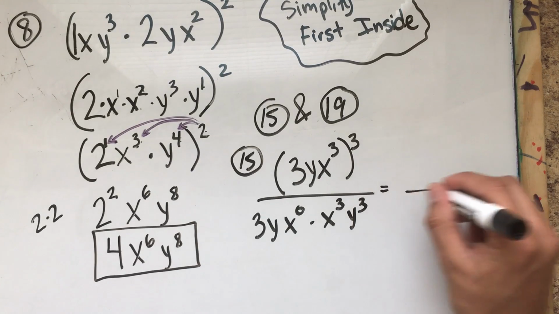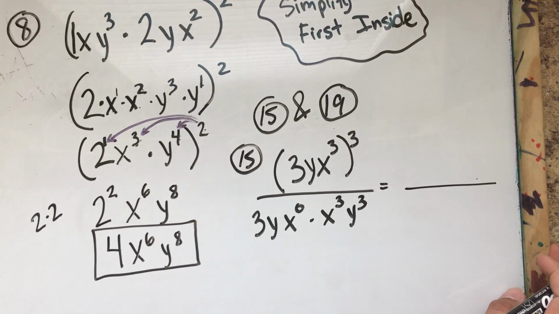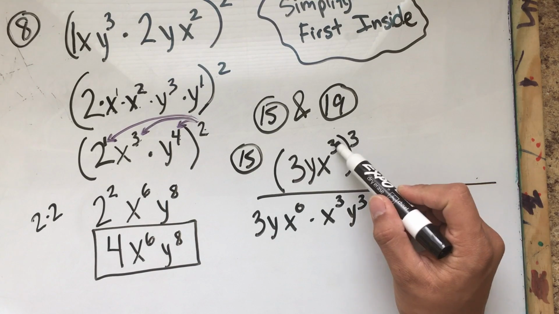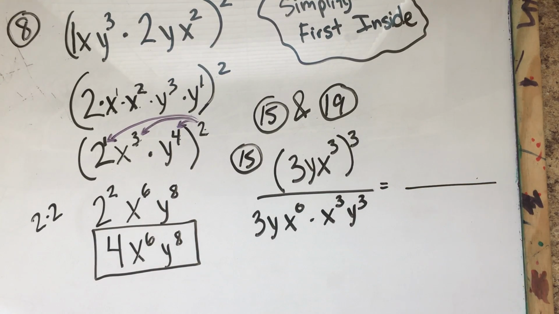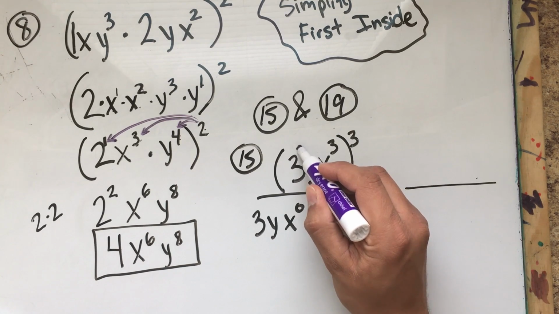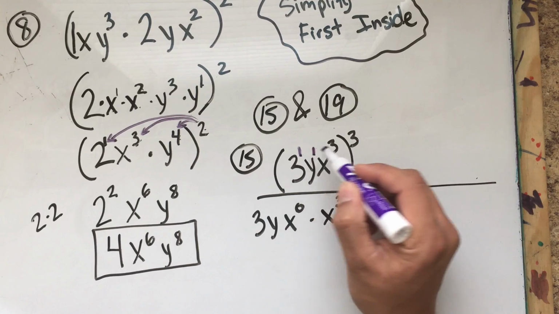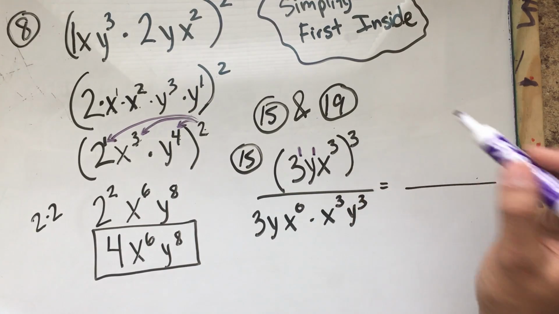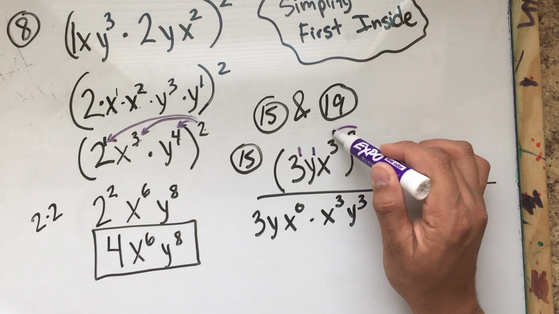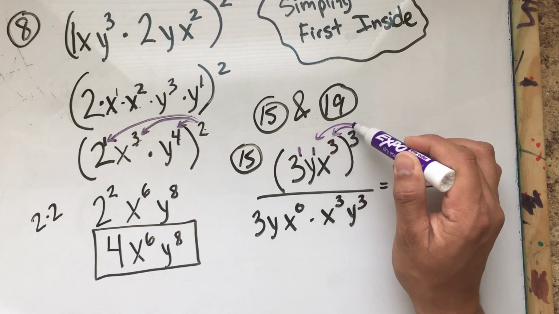All right, so the first thing that I am going to do here to start us off is to apply the power of 3 inside everything in the parenthesis on top. So the 3 has a power of 1, the y has a power of 1, and the x has a power of 3. But since all 3 of them are being raised to the third power, I gotta multiply my powers together.